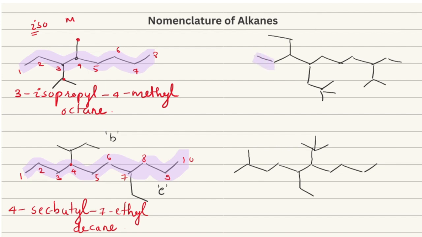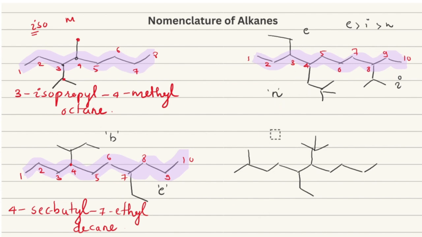For the third molecule, let's choose the longest chain, the principal chain. Now look at the substituents. This is isopropyl, this is neopentyl, so you have to consider the N, and this is ethyl. According to alphabetical priority: E, I, N. To number the chain, use the lowest sum rule. If we start from here, it will not obey the lowest sum rule, so we'll start from here. There are 10 carbons, so it will be a decane molecule.